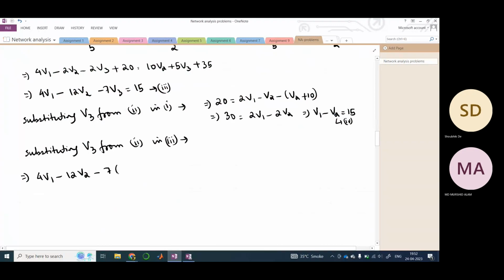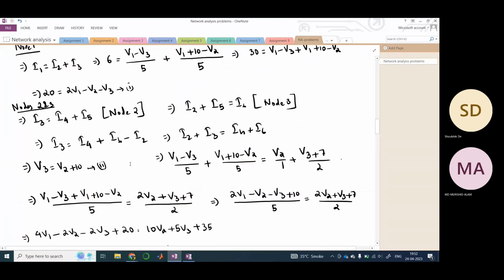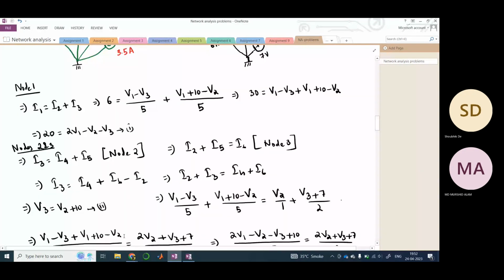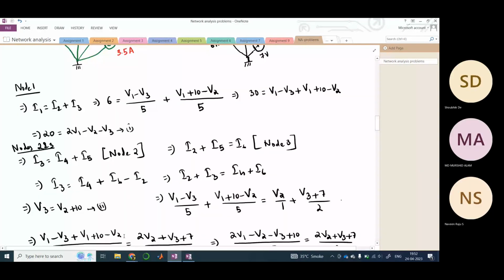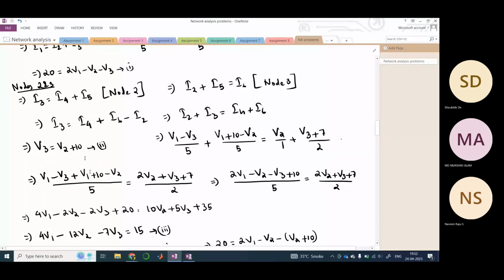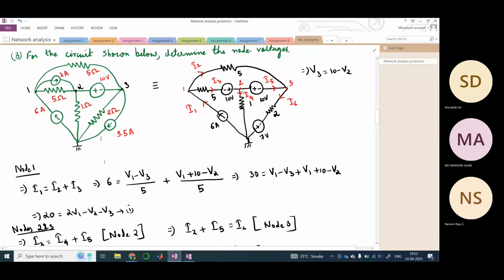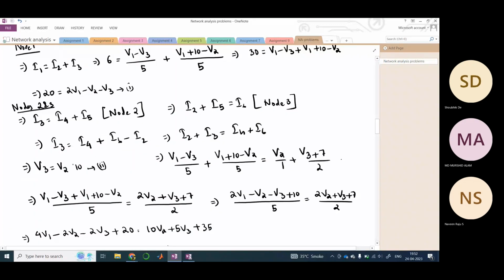This would be how much? Yeah, this I have written wrong. Yes, you are right. V2 equals V3 plus 10, I said it right, but I wrote it wrong. Sorry for that.